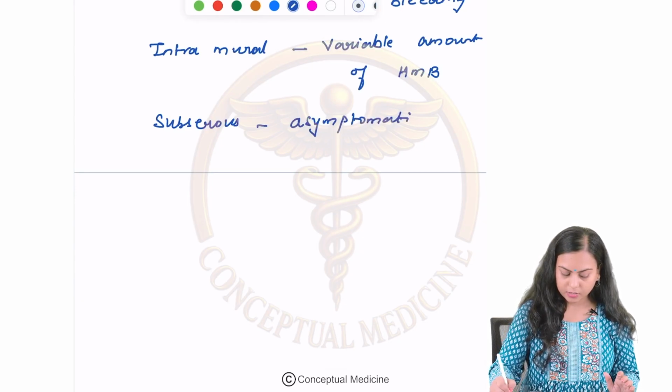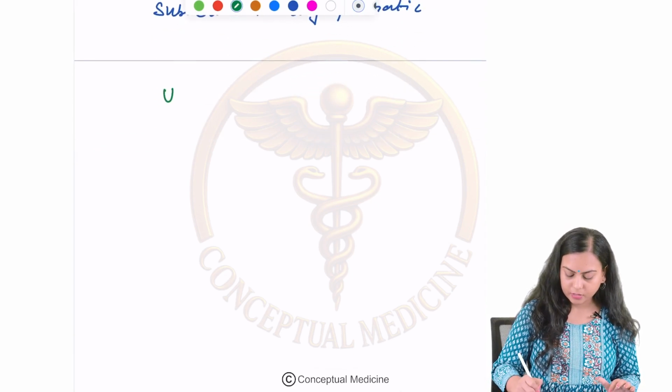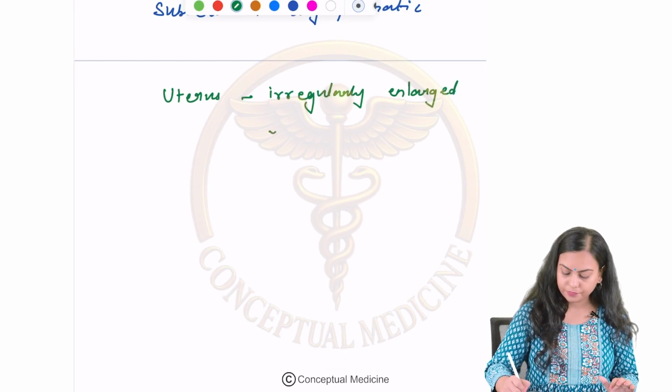Okay, and generally in leiomyoma the uterus is irregularly enlarged and firm.